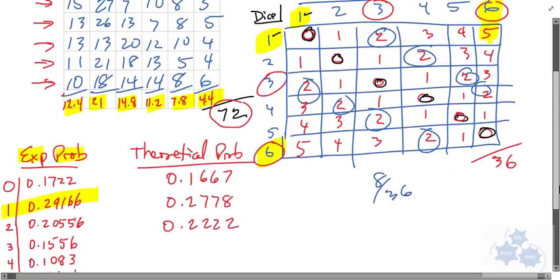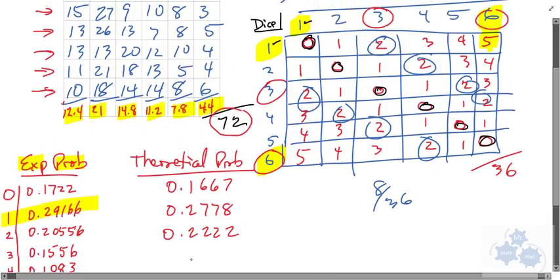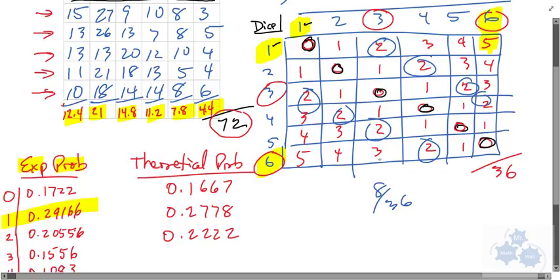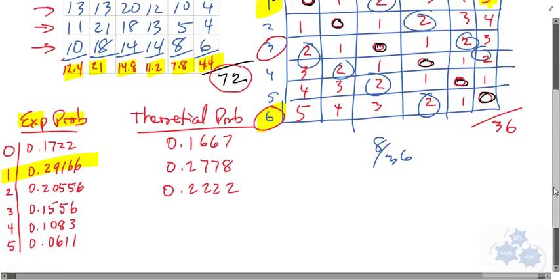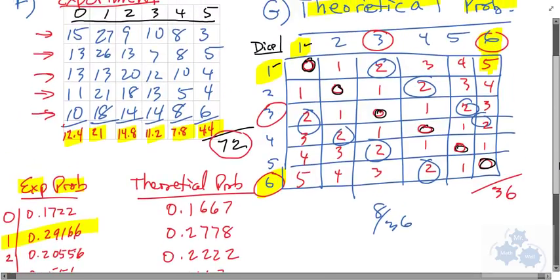Okay. Did everyone finish this chart, or you guys know what you're doing? Okay. So what about number 3? How many 3s are there? 1, 2, 3, 4, 5, 6. So that's 6 out of 36. That must be the same as this one, I guess, right? So 0.1667.